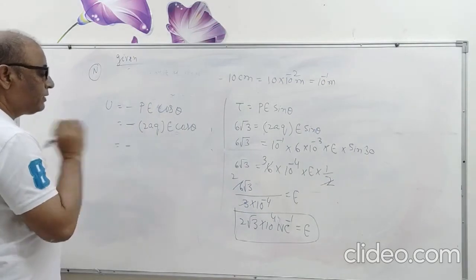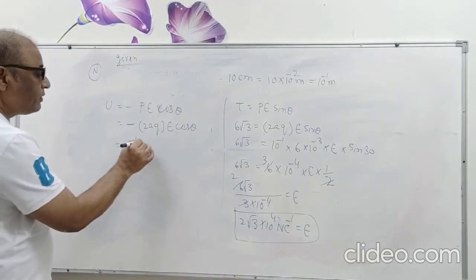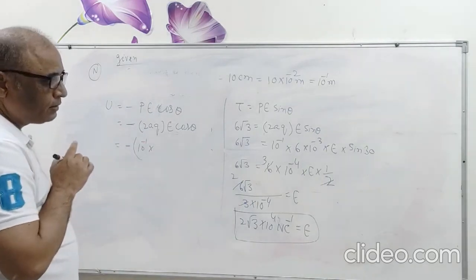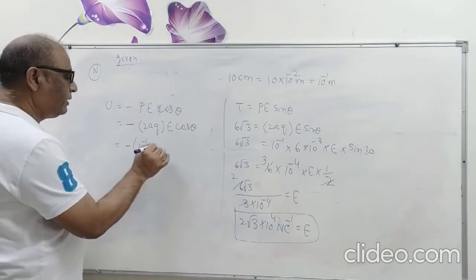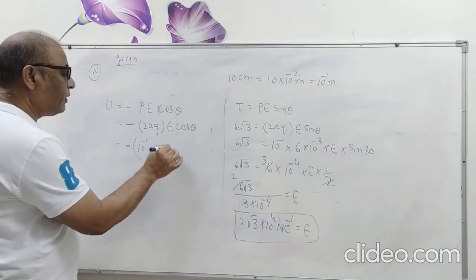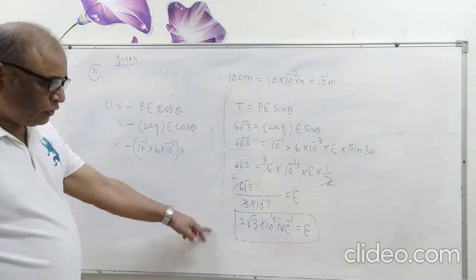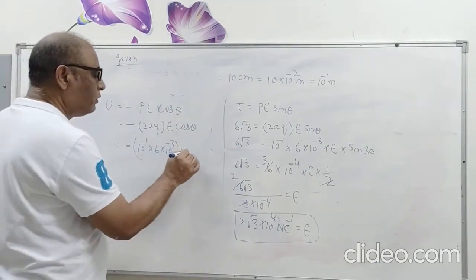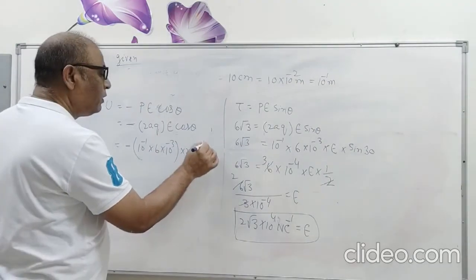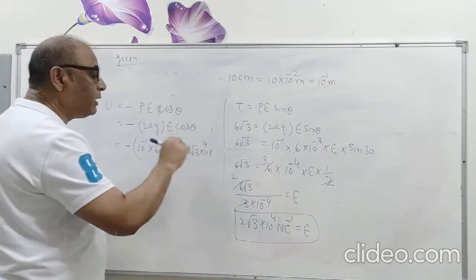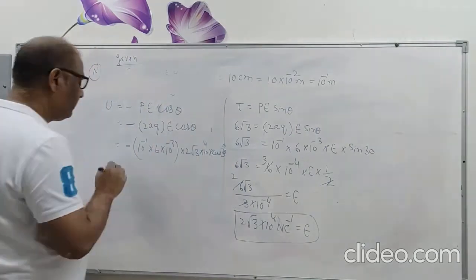Here 2A is 10 to the power minus 1, the charge is 6 into 10 to the power minus 6, and the electric field is 2 root 3 into 10 to the power 6, and this is cos theta, so cos 30 degrees.